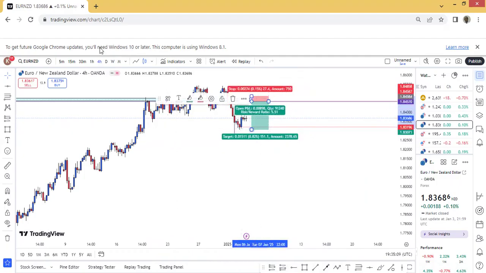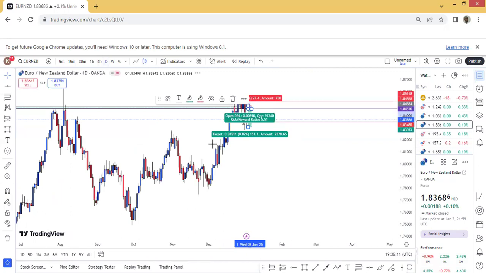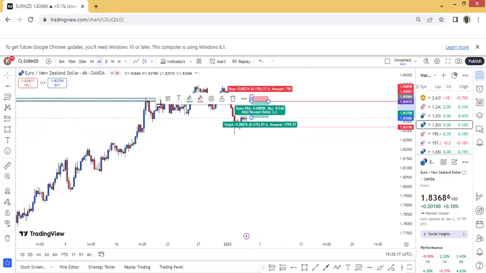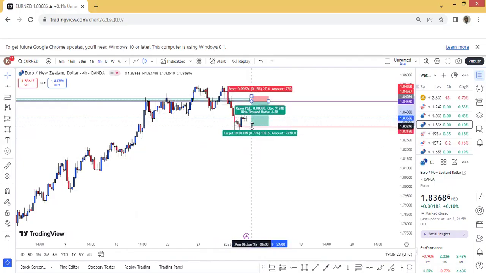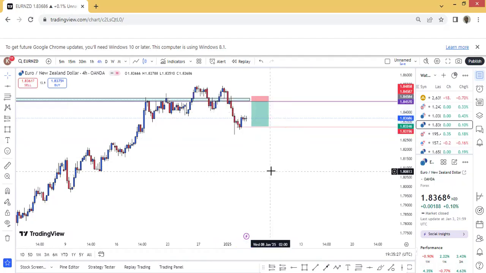Our target will be the daily level. We don't want to do much. So that is about 1:3. For me, that's okay. So that is that.